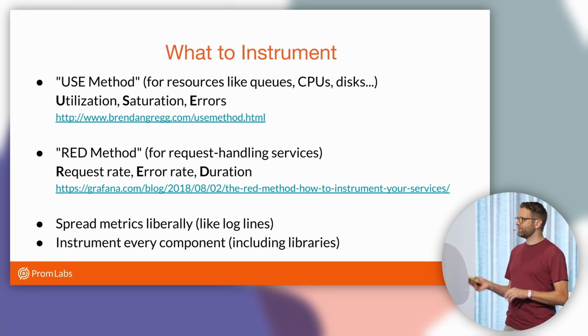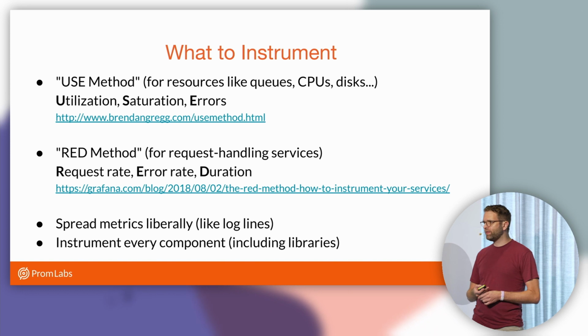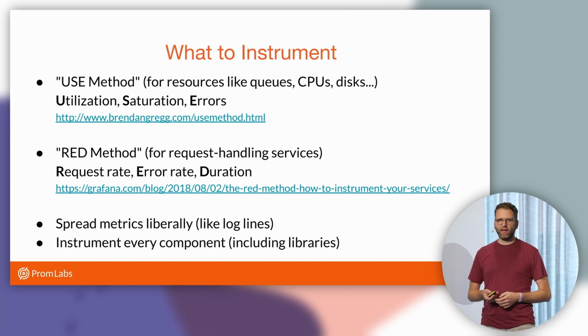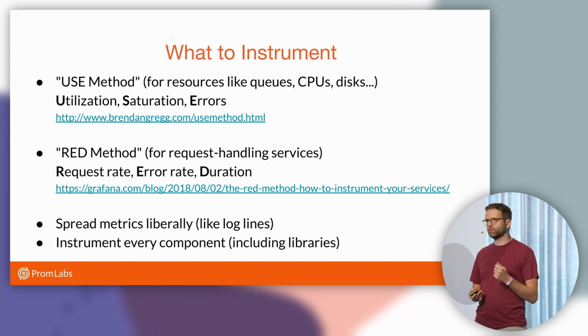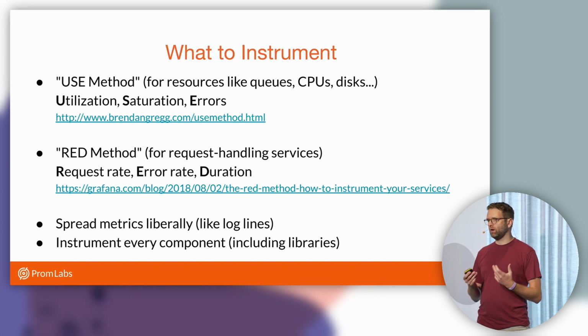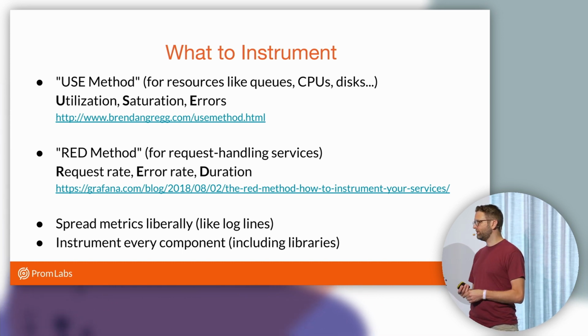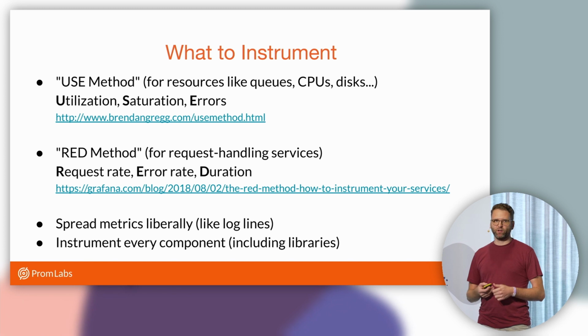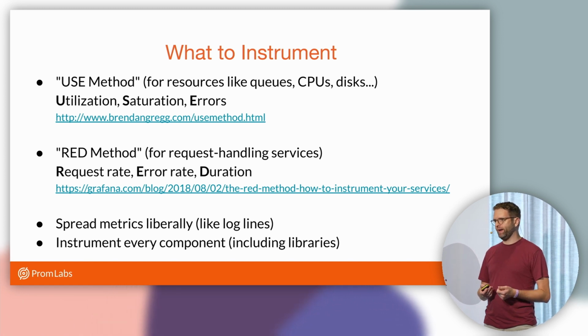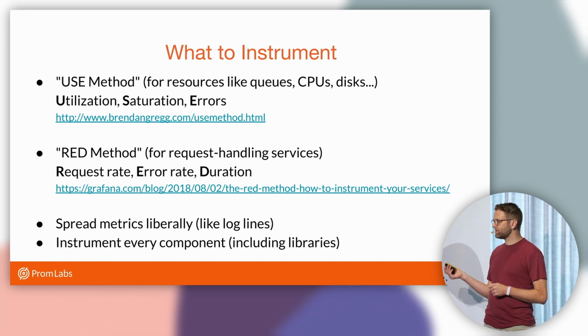So first, something very general, not really Prometheus specific, but Prometheus does allow you to add a lot of custom metrics to your application code. So a question that comes up immediately is, what metrics should I even add to my applications? And there's some well-known guidelines around this.